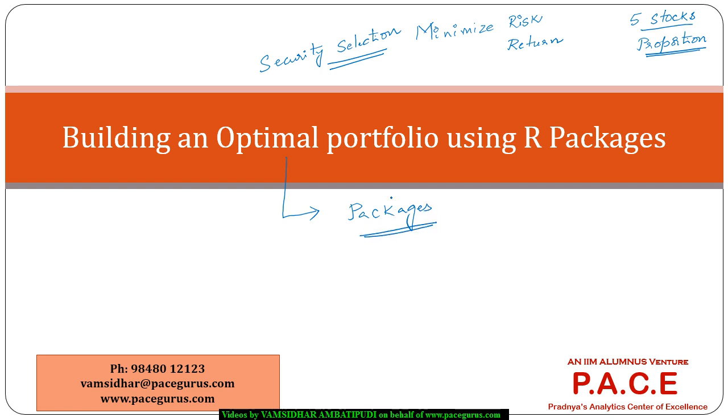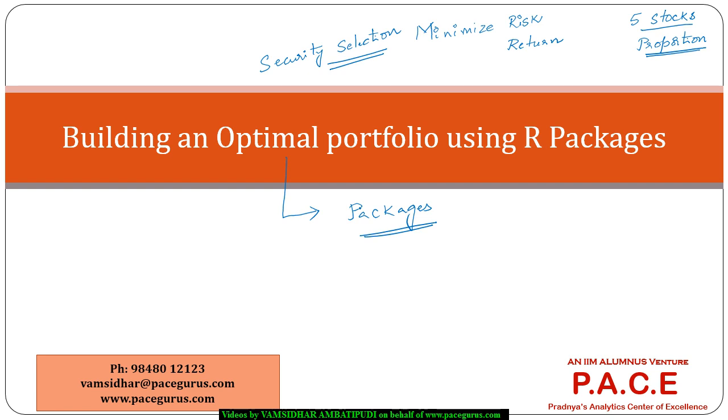All we need to be comfortable with is how to execute those packages, and once R has executed on the data set, how to interpret the output that is given by R. This is what we are going to look at in this particular topic.